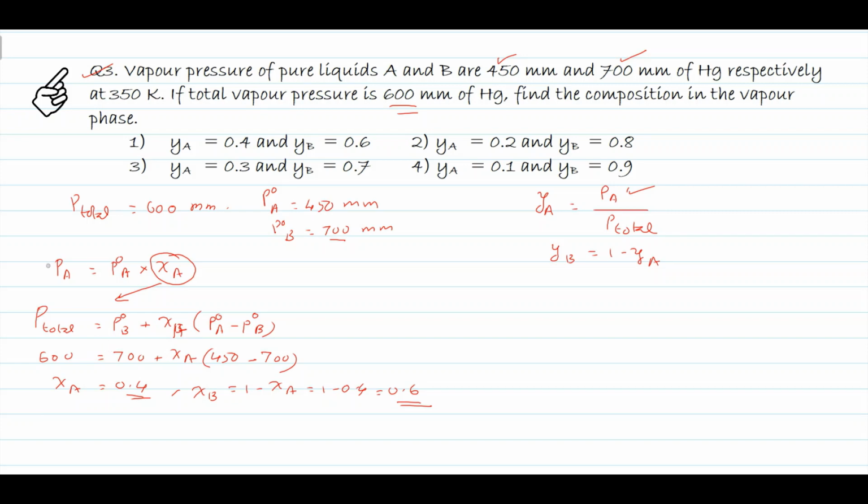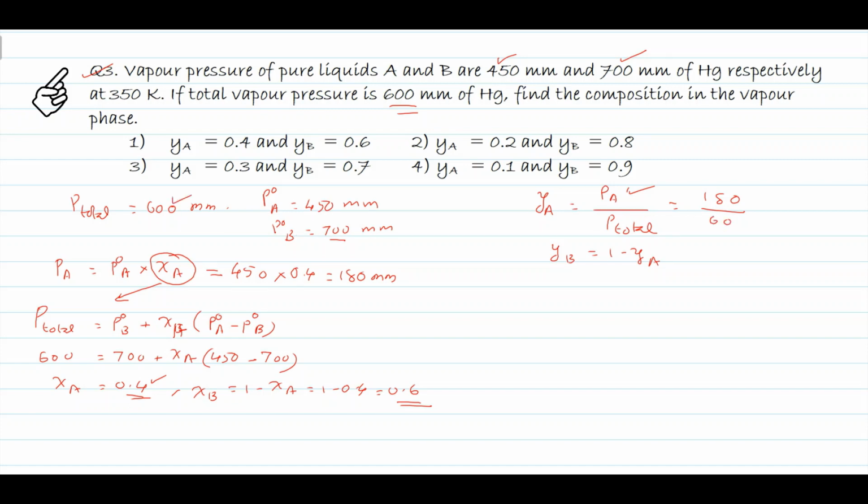Then you can calculate PA. PA is equal to P0A. What is P0A? 450, into Xa. Xa is 0.4. That equals 180 millimeter of mercury. So we got the PA value. Substituting here PA 180 by P total, P total is 600, correct?